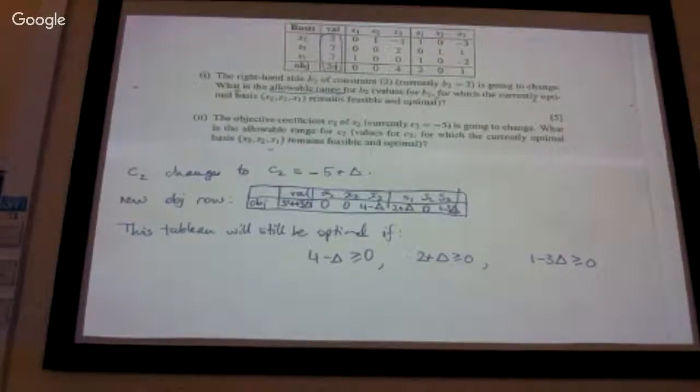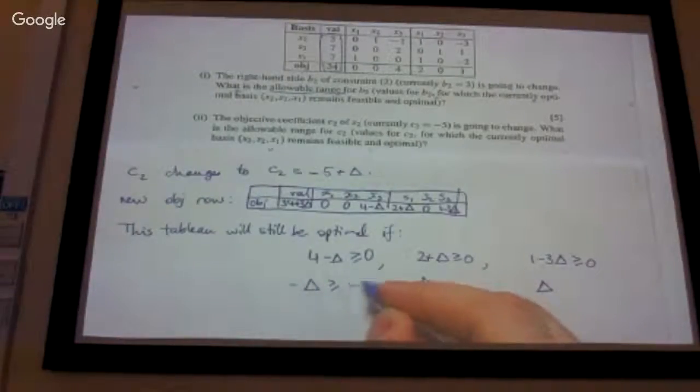Okay, so what does that mean for the delta? So minus delta is greater than or equal to minus 4.